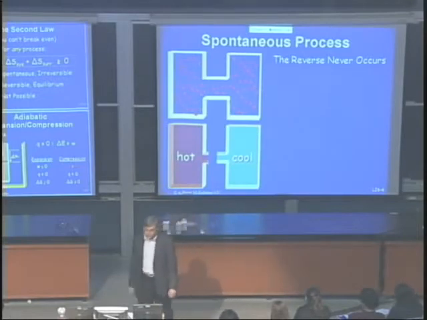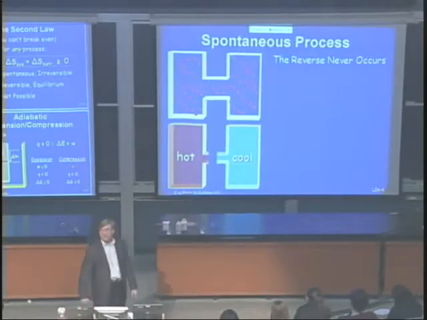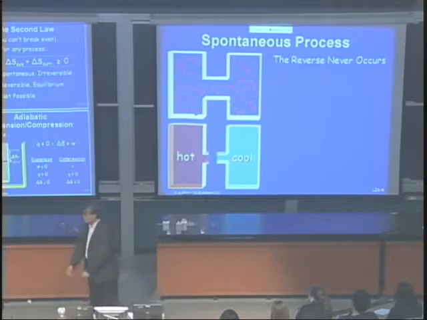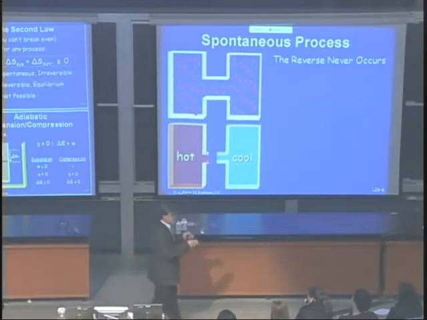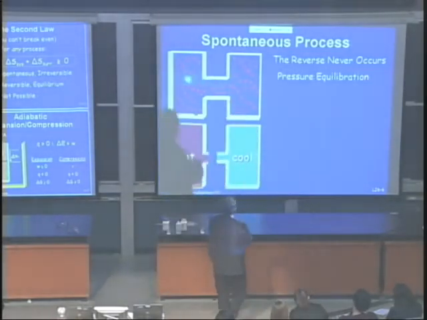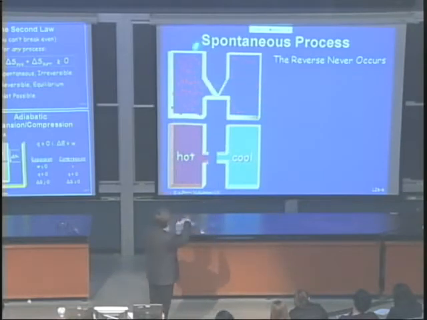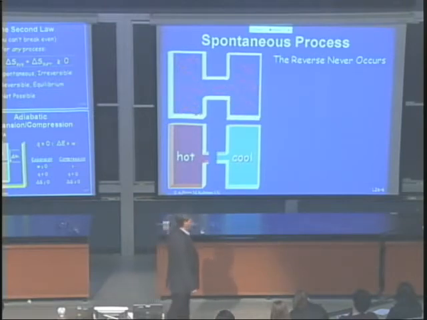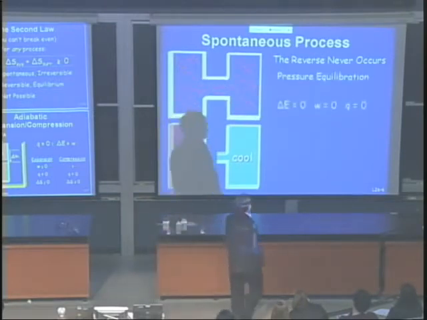So the reverse never occurs. This is a spontaneous process. It says the reverse doesn't occur of a spontaneous process. All right? Chemical reactions are very often spontaneous processes. So you come here to a pressure, for example, if you have this in a vacuum here, this is a vacuum, you come to an equilibrium, a pressure equilibrium, and you have the distribution.